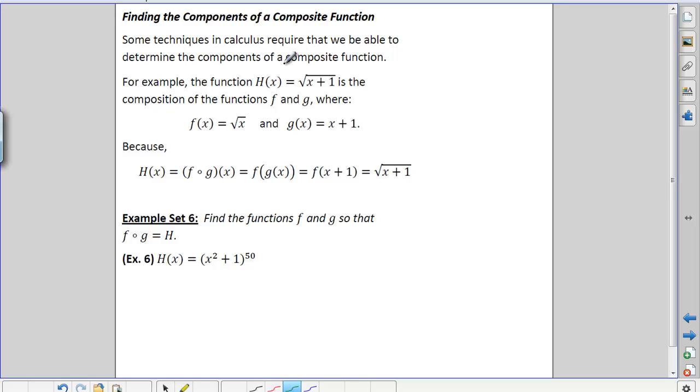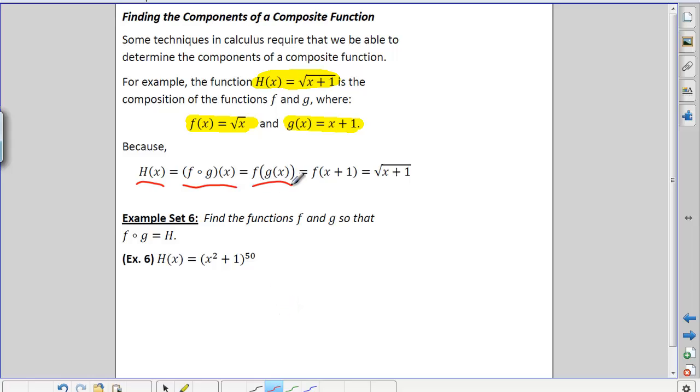An example of this is right here. h of x is the square root of x plus 1. We could actually break that into two separate functions, f and g, where f of x is a square root function and g of x is an x plus 1 function. And the way that works is you say that h of x is the same as that composite function.